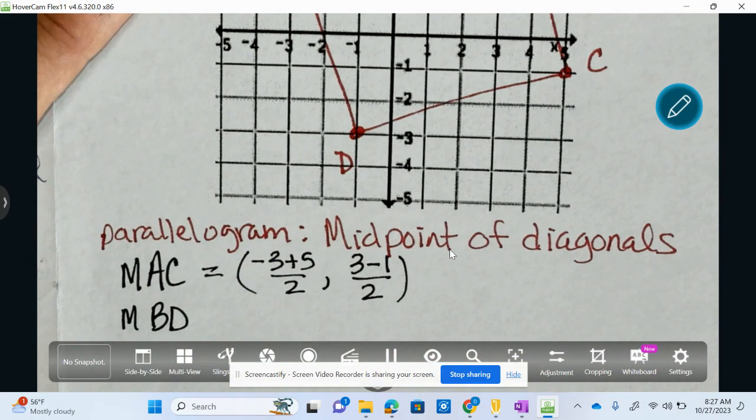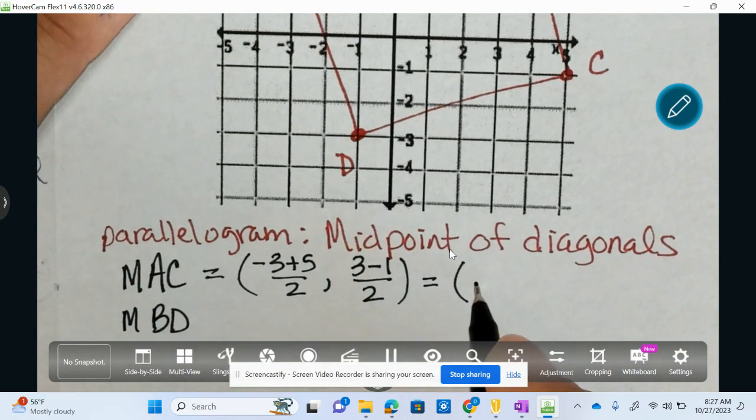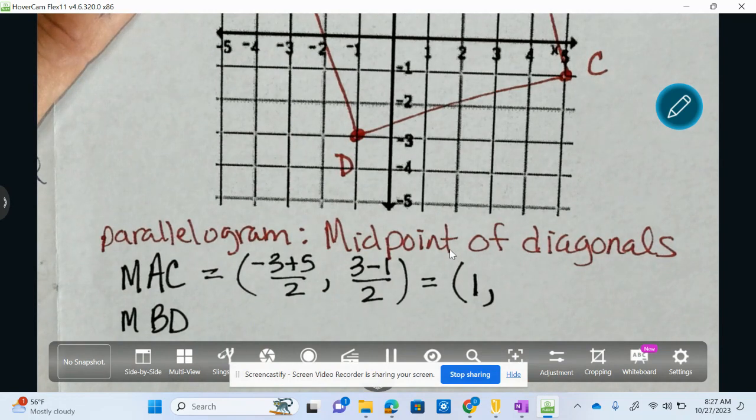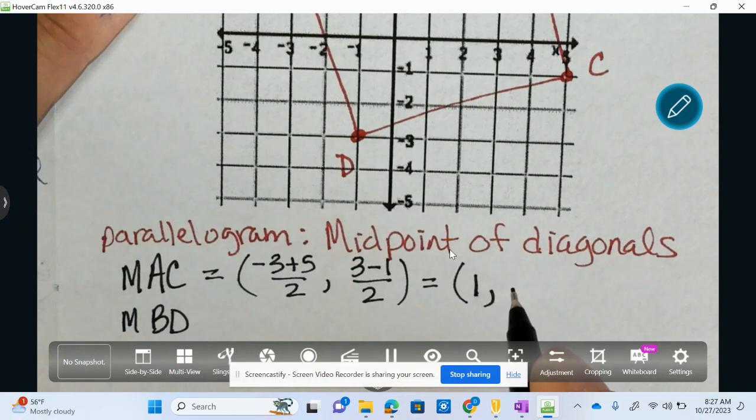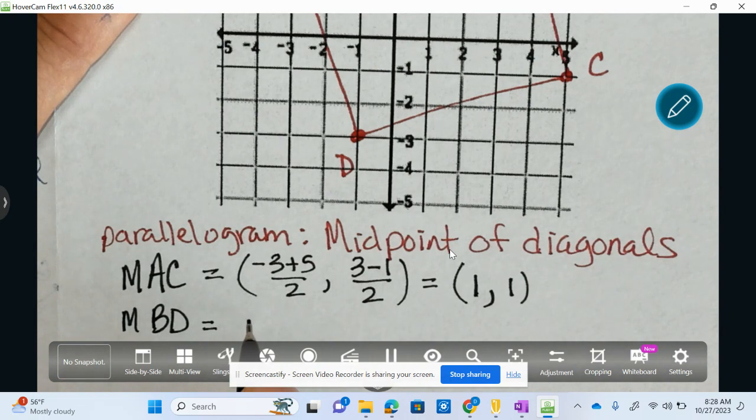What is -3 + 5? And 2 over 2 is? Okay. What is 3 minus 1? 2. And 2 over 2 is? Okay. Let's look at the midpoint of BD. So I'm going to add the x coordinates of B and D. That is 3 plus a -1, so 3 minus 1 divided by 2.